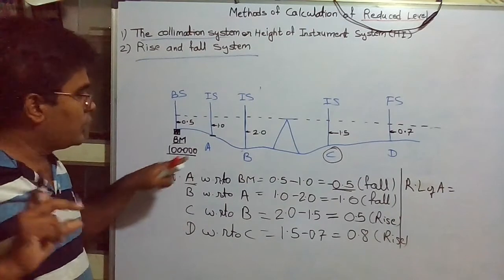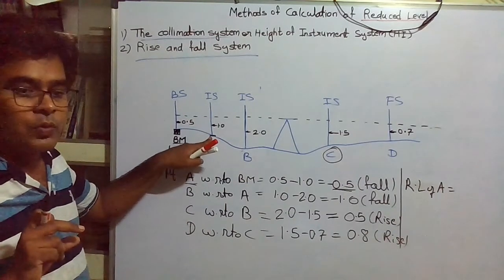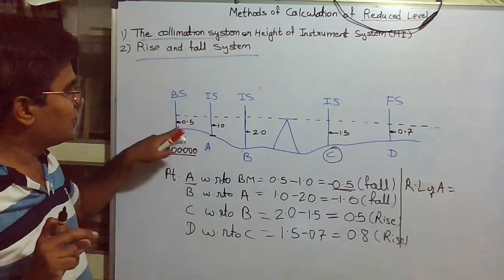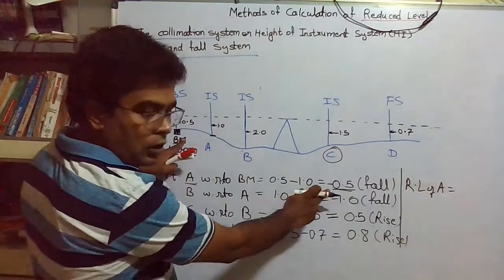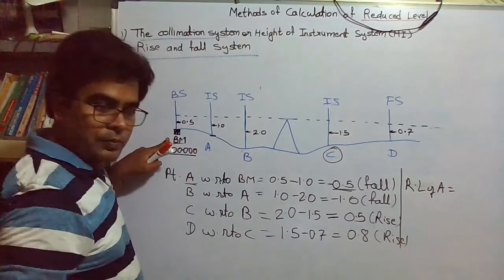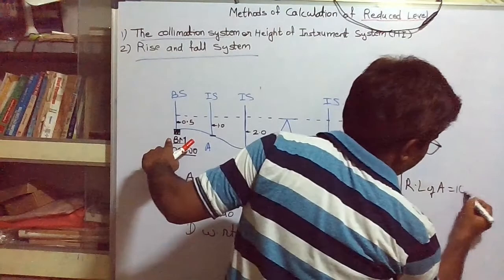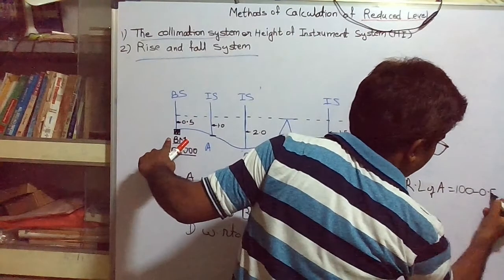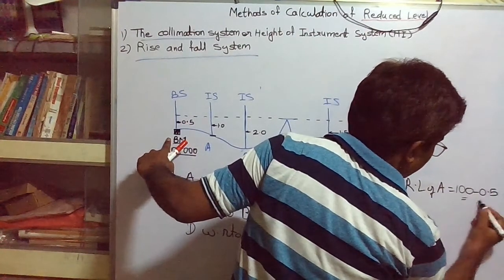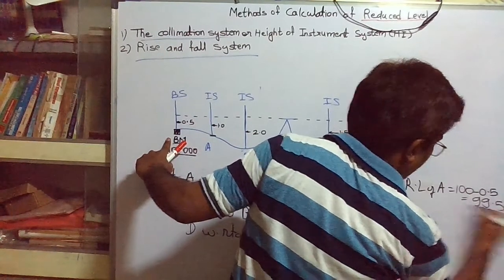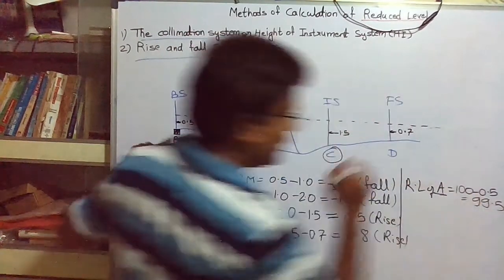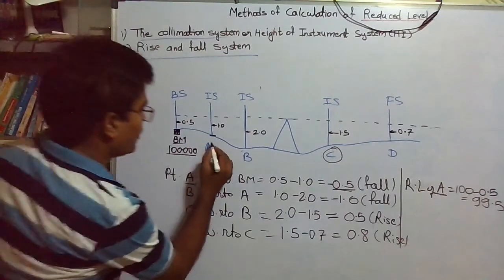To find the RL of A, we subtract this level difference, that is the fall, from the benchmark. RL of A is equal to 100 minus 0.5, which is 99.5. This is the RL of point A.